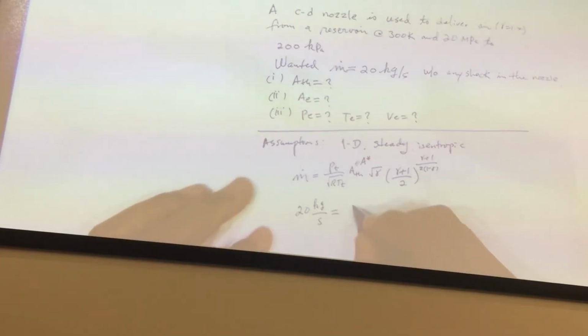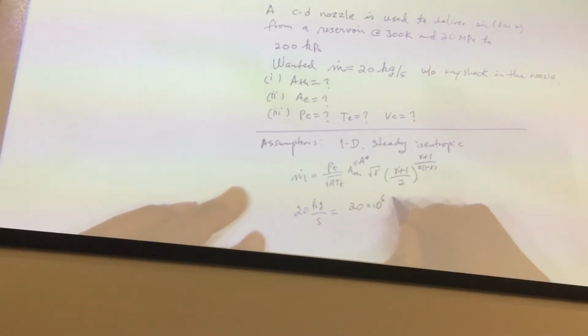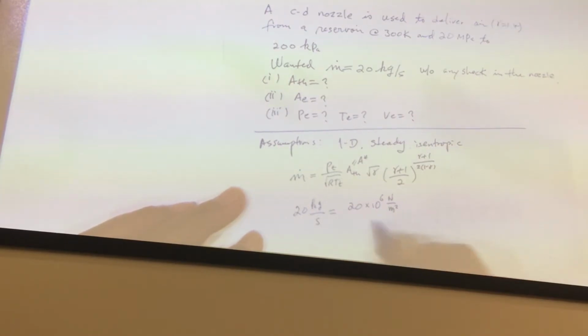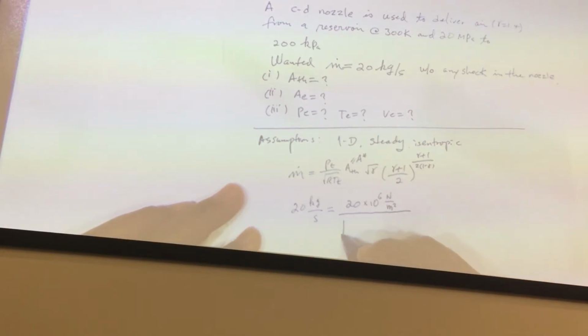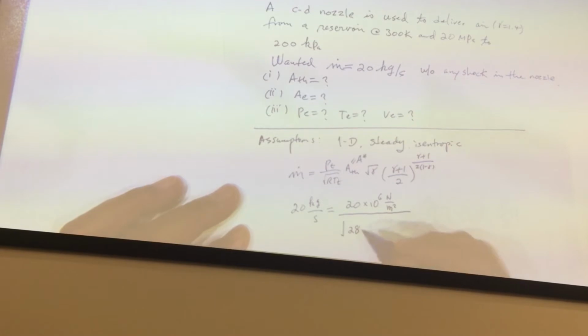20 megapascal is 20 times 10 to the power 6 Newton per meter squared, divided by R, which is 288. Some folks use 287, some folks use 289.